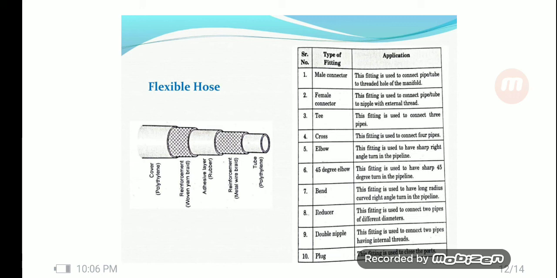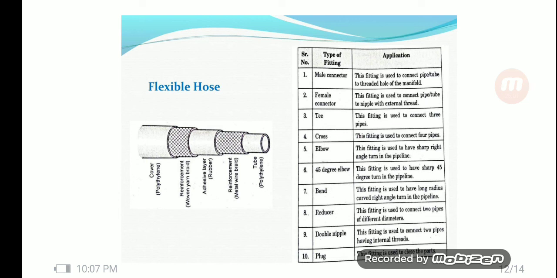Here we see the types of fittings and their applications. Male connector: this fitting is used to connect pipes and tubes to the threaded holes of the manifold. The second type of fitting is the female connector. This is used to connect pipes and tubes to a nipple with external threads.